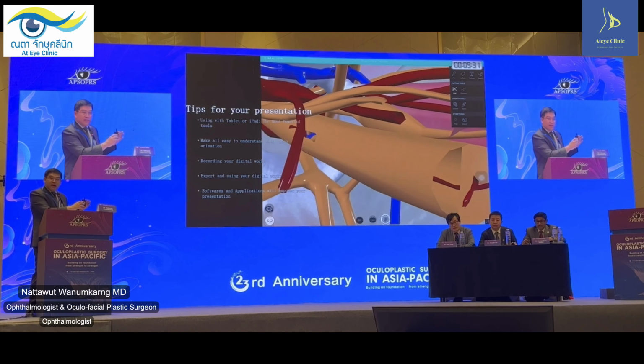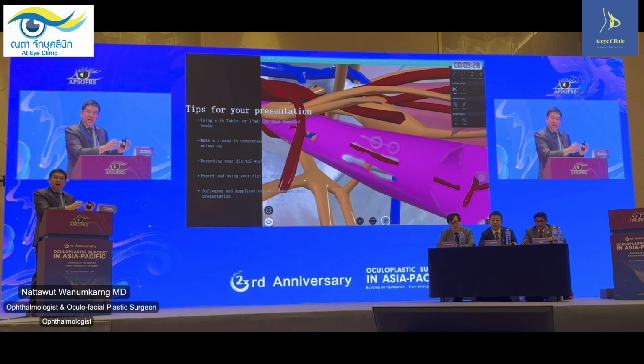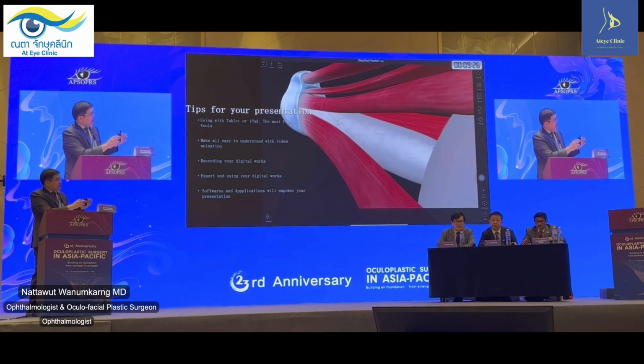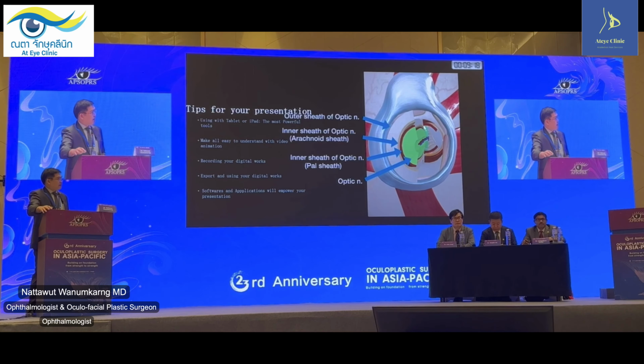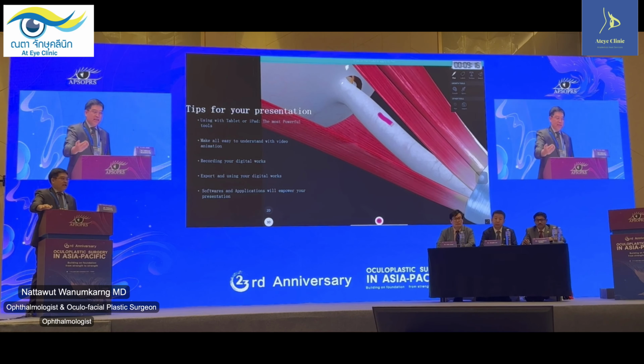There is an outer layer and an inner layer of the optic nerve sheath. The inner layer is a combination of the arachnoid, subarachnoid space, and the pia mater. So this app taught us a lot for understanding and for confidence, and it is really helpful, showing a lot of detail of the artery, the vein, and the nerve.